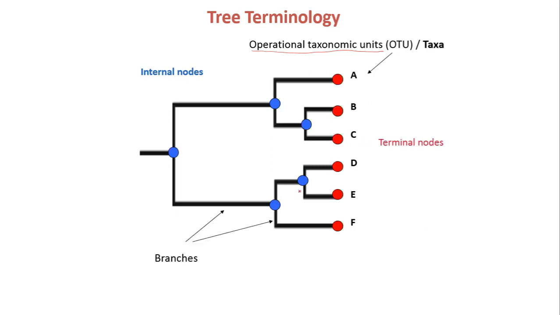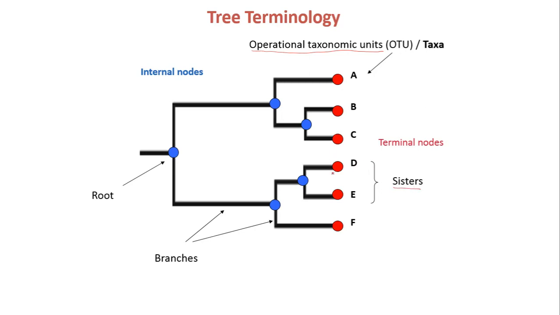So one more thing that you should try to understand is that there would be branches, there would be roots, and the operational taxonomic units or taxa that are most closely placed to each other in your phylogenetic tree are called sister taxa.